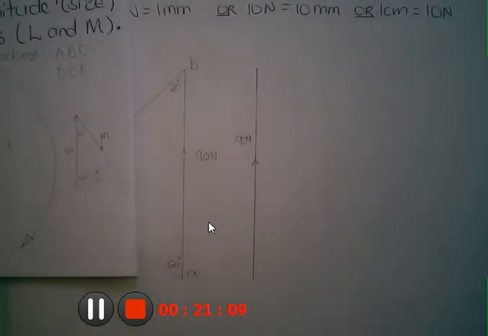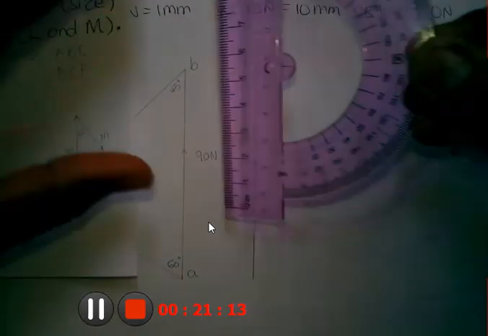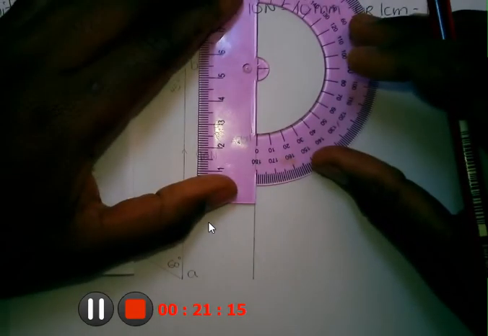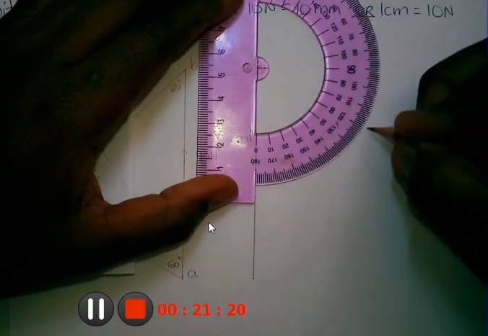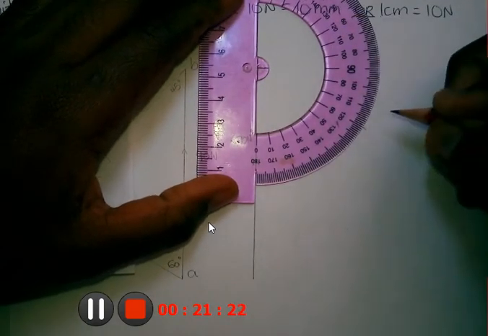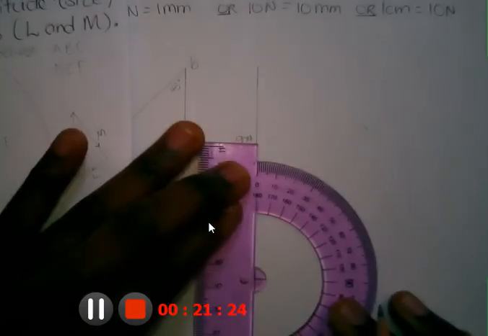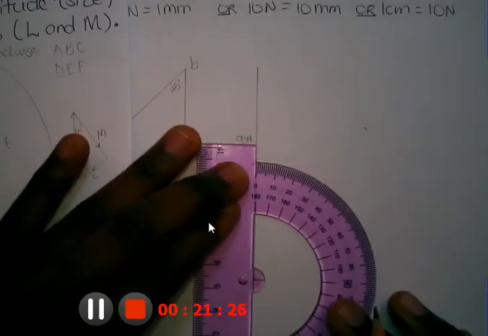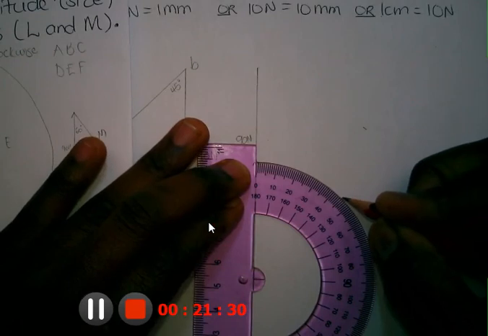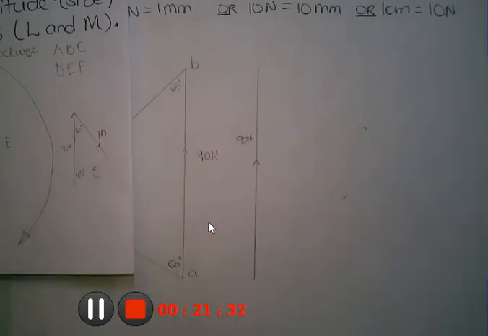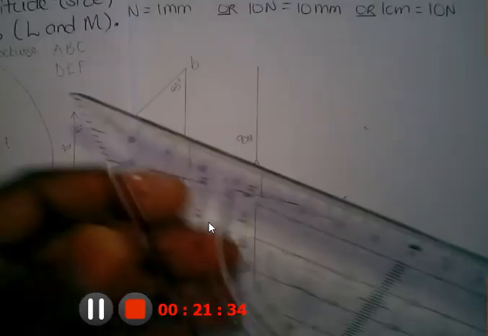Then you measure your two angles. You measure 60 up because this time M moves up, so this is 60, and then we measure our 45 down because L is now down or below.